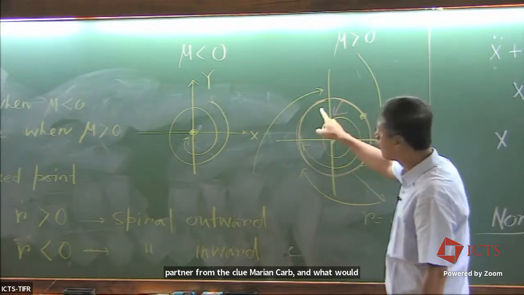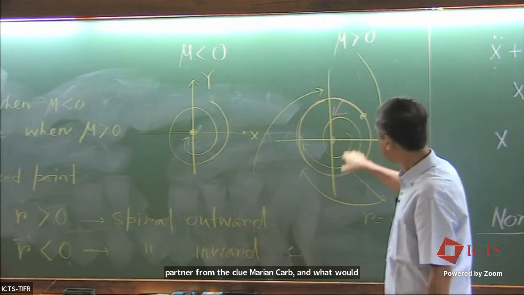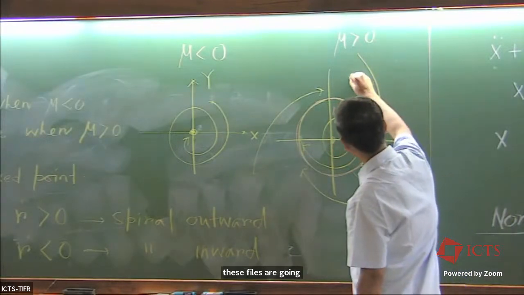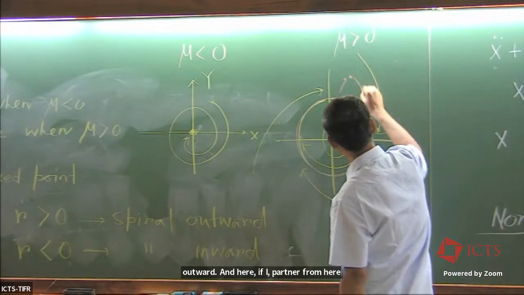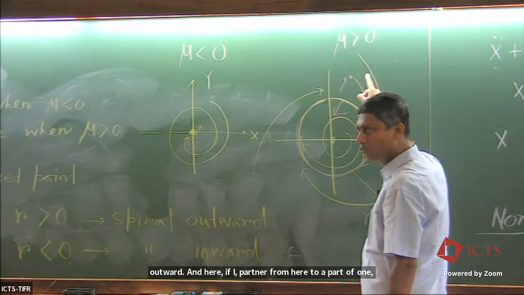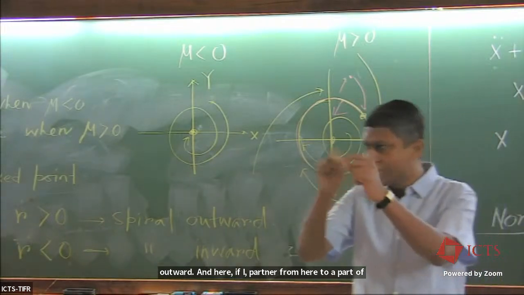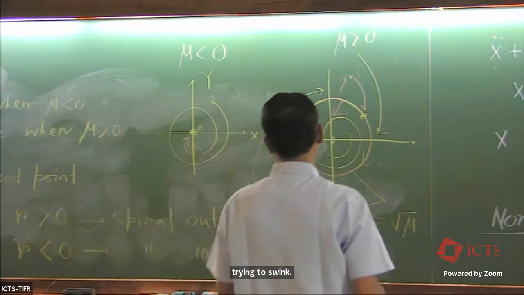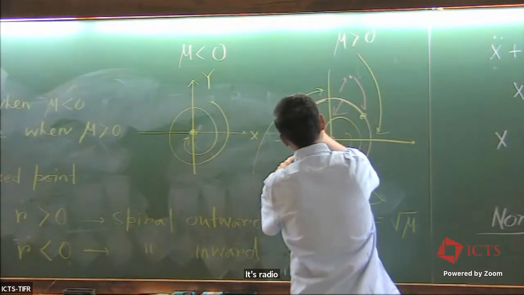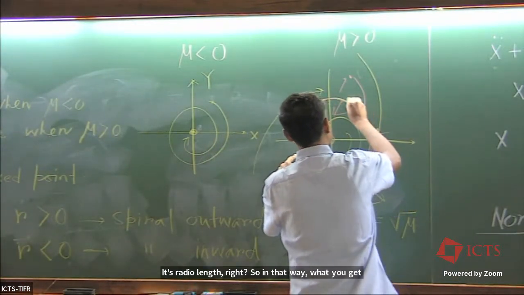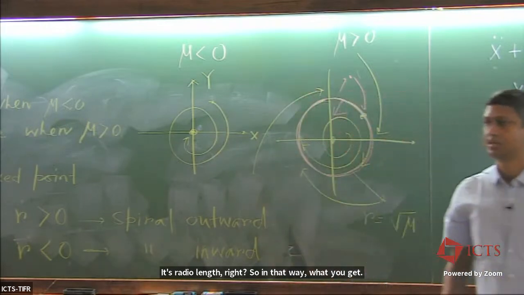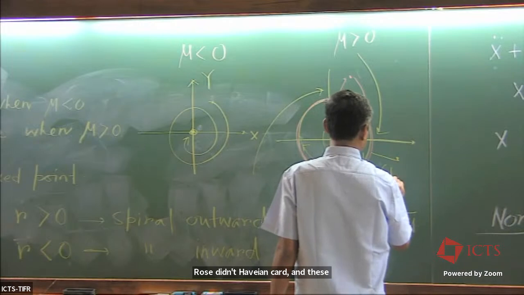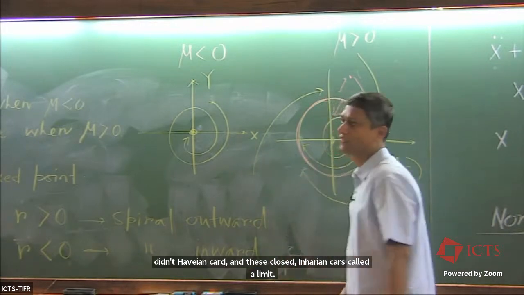It will eventually go back there, because these spirals are going outward, and if I perturb from the other side, it will eventually come back here because it is trying to shrink its radial length, right? So in that way, you get a stable closed invariant curve, and this closed invariant curve is called a limit cycle, right?